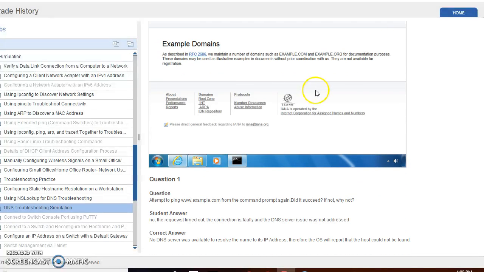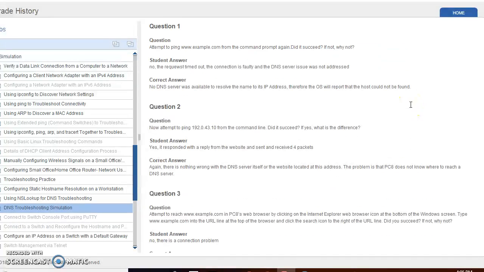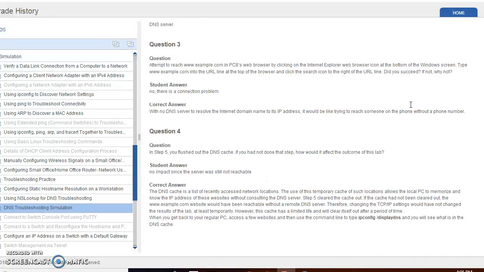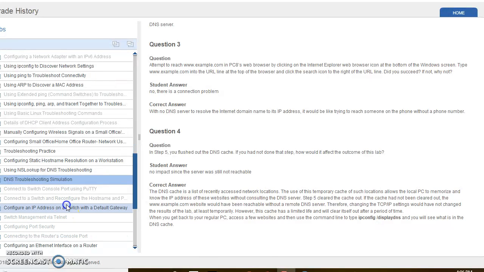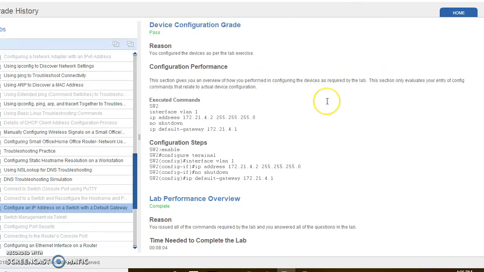Where we pinged a website from the command prompt and determined if it succeeded. And last, next we have configure an IP address on a switch with a default gateway.